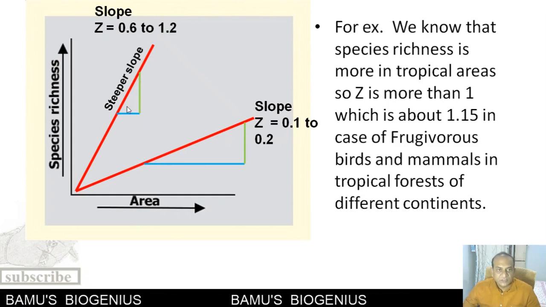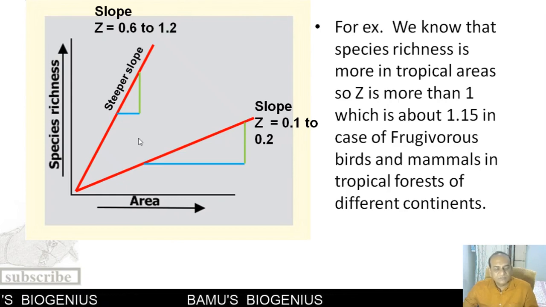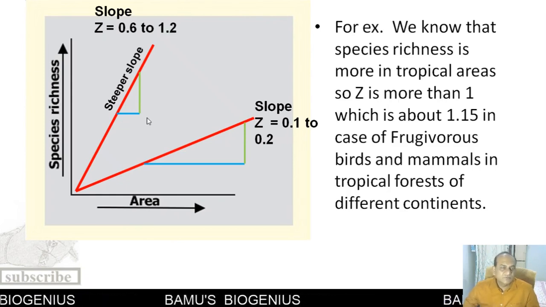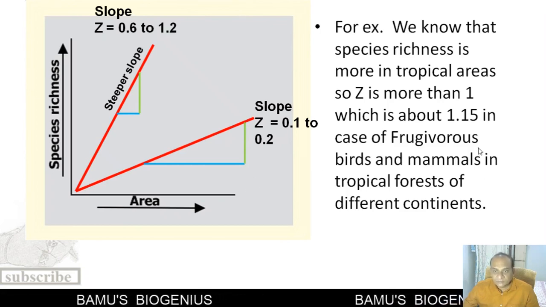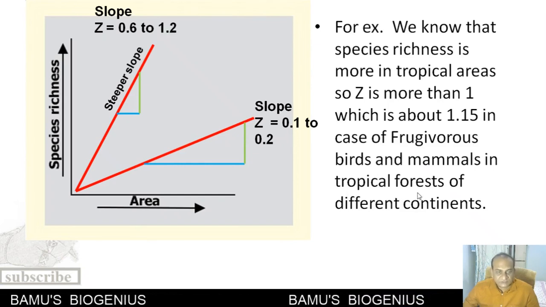That means in these tropical areas, in a very small area, you will get more number of species. And this is when we talk about a particular taxonomic group, for example frugivorous birds or mammals of a tropical forest, where you will get the same type of slope.